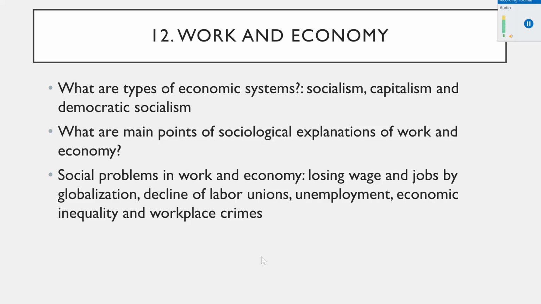There are also problems in work and economy: because of globalization, U.S. citizens may lose wages and jobs to other countries where people speak English, and with the decline of labor unions, members may lose union premiums. There are also unemployment differentiated by race and social class, economic inequality, and workplace crimes.